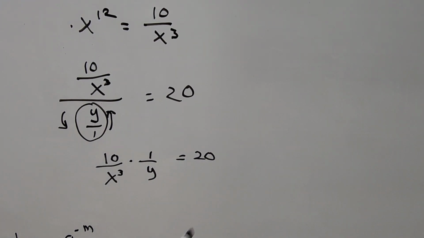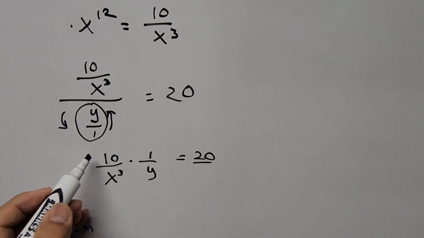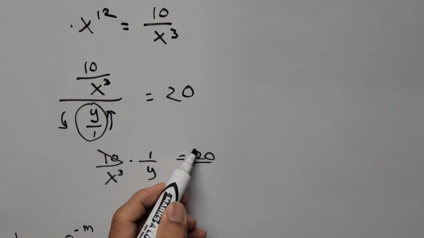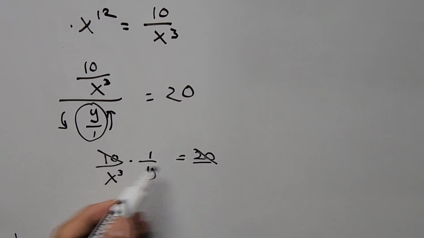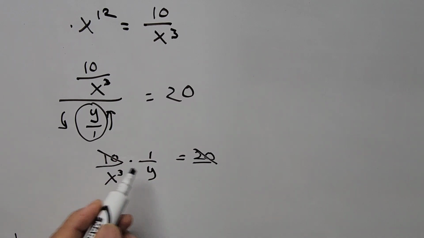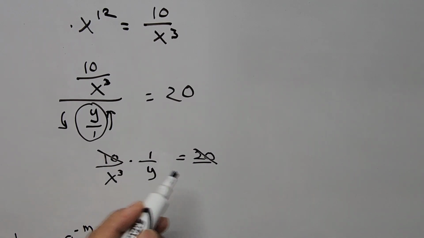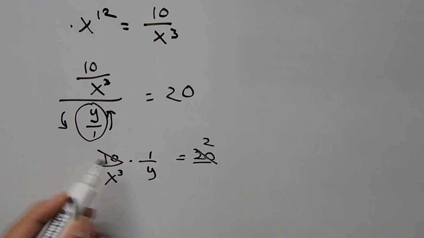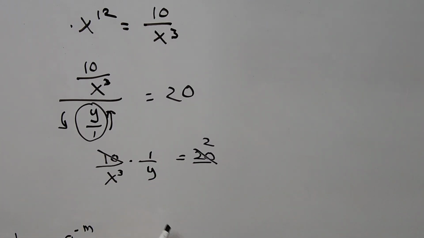From here, if you notice, this is 20 and this is 10, so we can reduce that. Take out the 0, I should say, or simplify it. That means 20 divided by 10, that's 2. So the equation now becomes 1 divided by x cubed y is equal to 2.